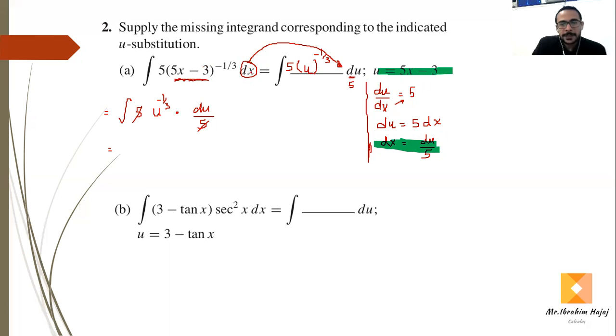Cross out the 5s and you have only the integral of u to the negative 1 over 3 du.